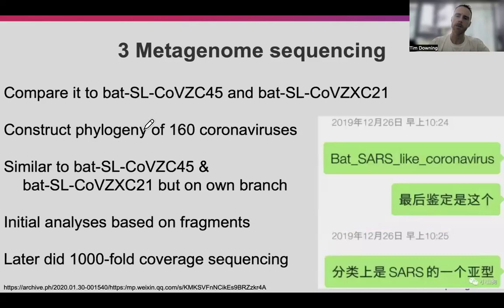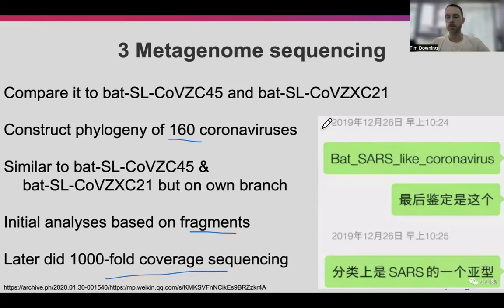So they were able to compare to existing coronaviruses and create a phylogeny of that to identify to what extent it was related. And this was just based on the initial sequencing that was a test one for the higher coverage sequencing that they did later.